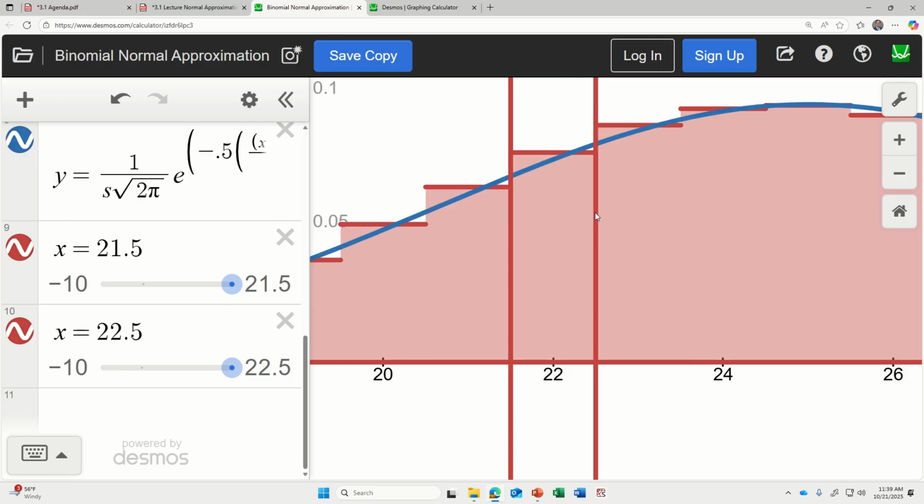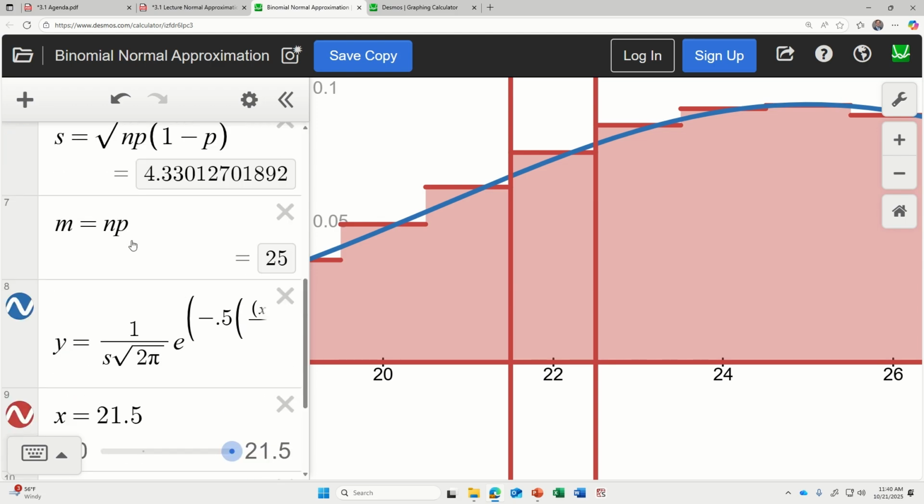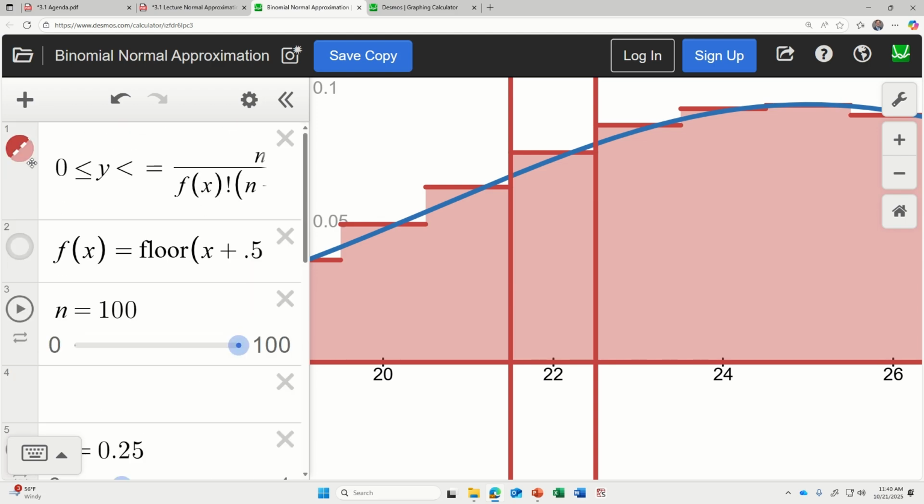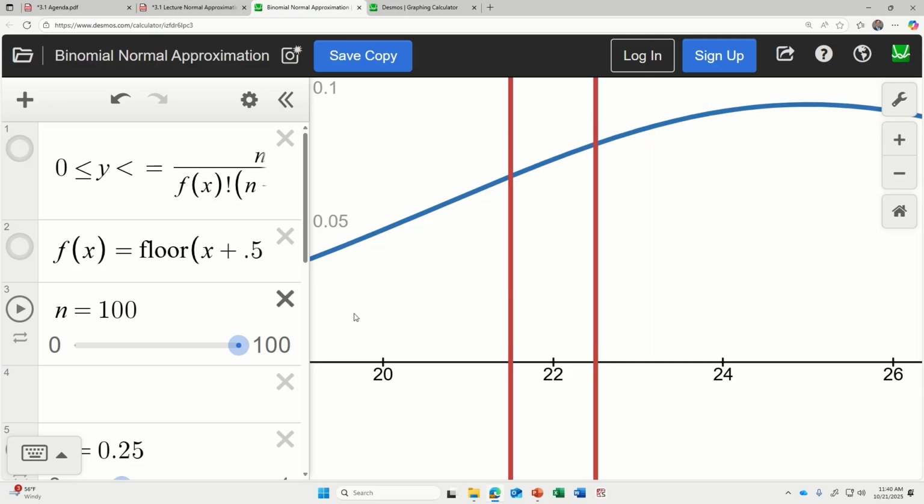What if I've got my normal distribution there, and I want to use the normal distribution to approximate this? Well, I would still use the same width, but I would just calculate this area in here with the slopey blue top.